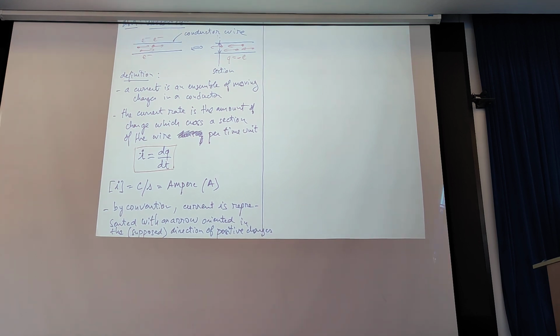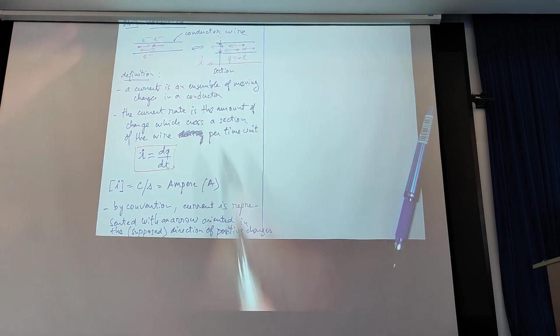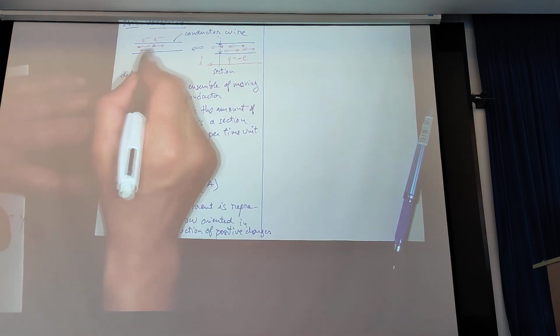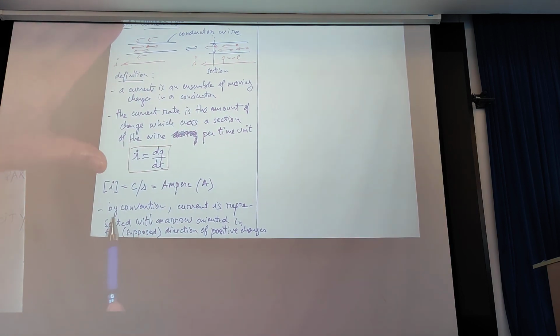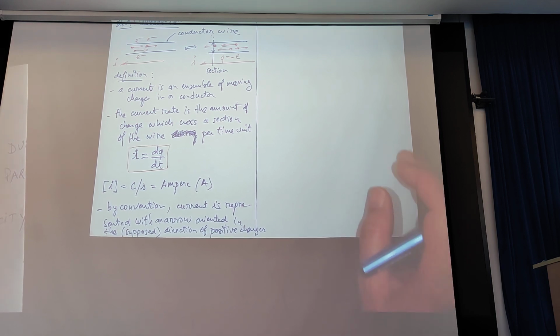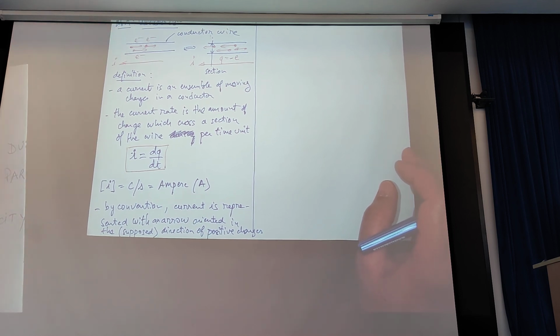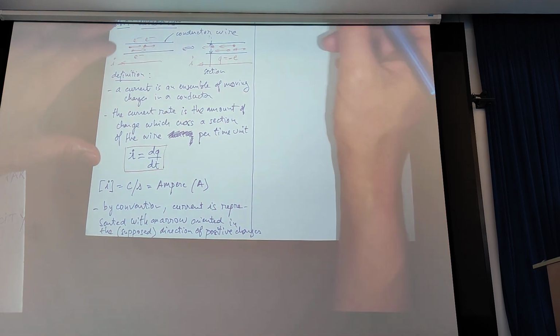So here the current will be like this. I repeat, by convention, the current is represented with an arrow oriented in the supposed direction of positive charge. Any question?